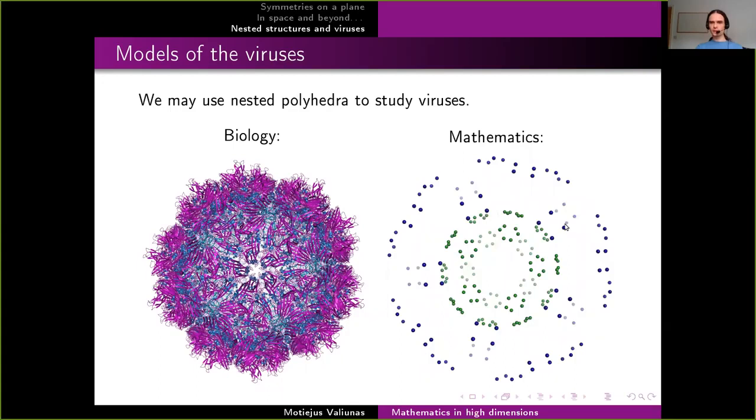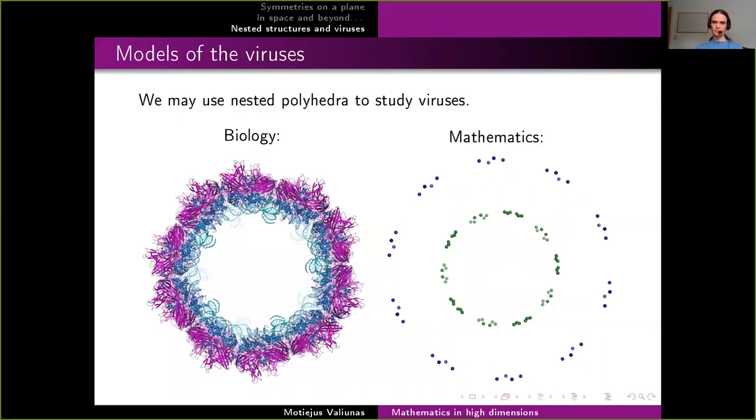So first, we just remove the edges. We keep just the vertices of our polyhedron, and we have some sort of nested structure. Perhaps if we cut things open, we can see better what structures we have. In biology, again, we have a virus, and the virus has some thickness between the outside and the inside.